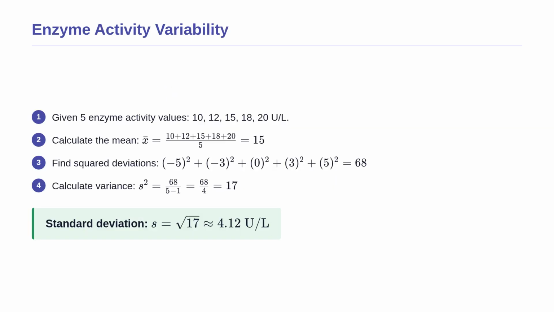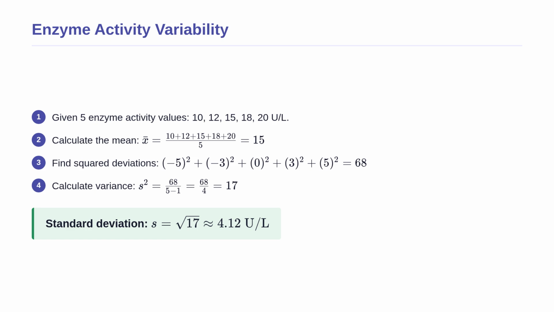Before we move on, let us see this with a concrete example. A biologist measures enzyme activity in 5 cell cultures, getting values of 10, 12, 15, 18, and 20 units per liter. First, we find the mean by adding them up and dividing by 5, which gives us 15.